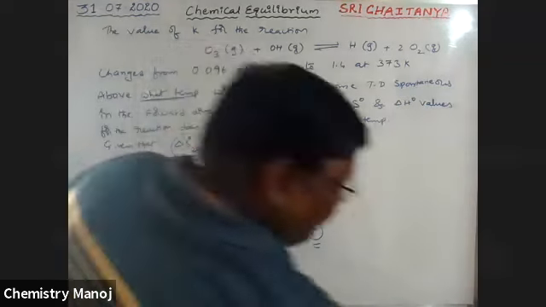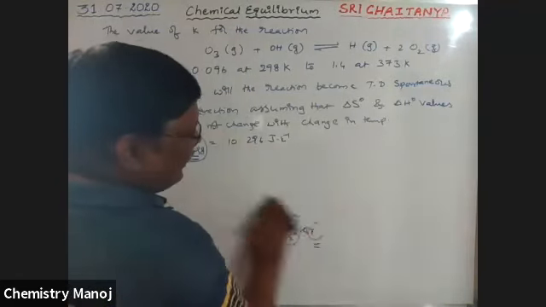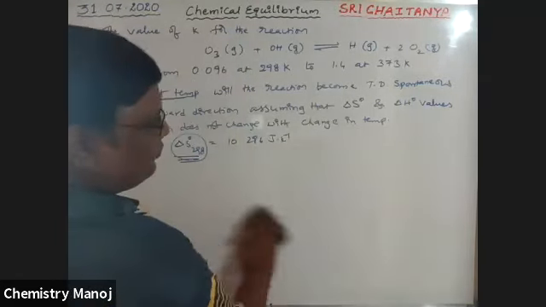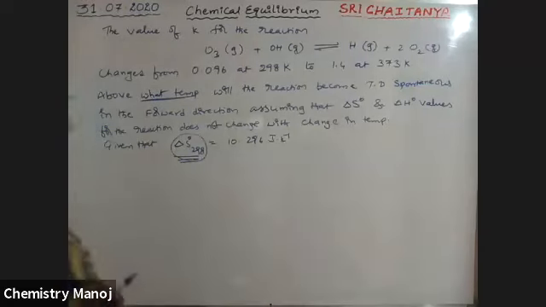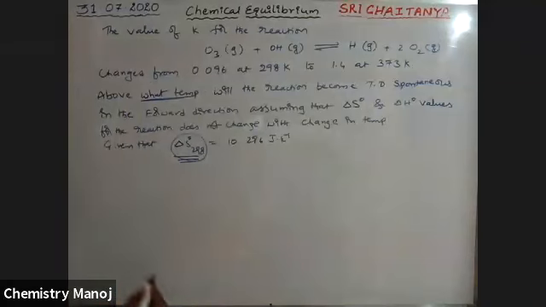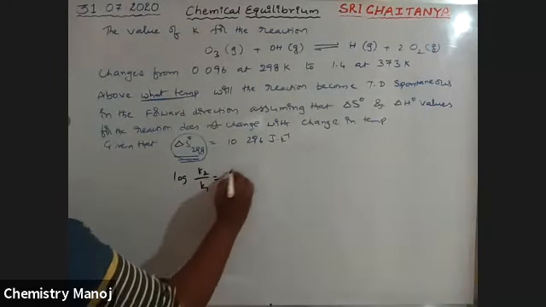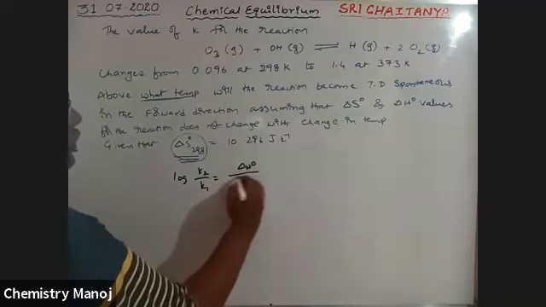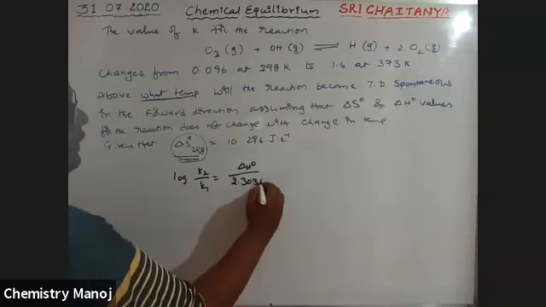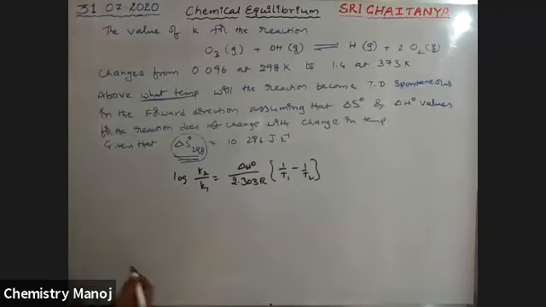So see here. First of all, our target is the calculation of delta H naught. How to calculate delta H naught? Our formula is log K2 by K1 is equal to delta H naught by 2.303 R into (1 by T1 minus 1 by T2).